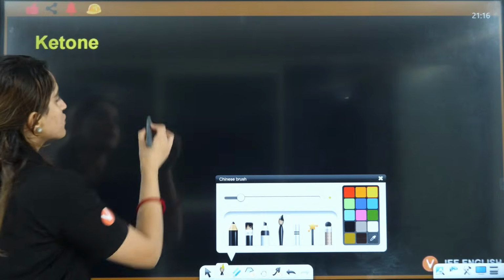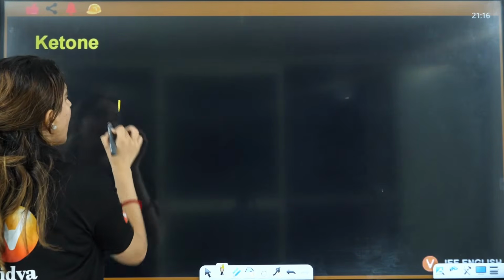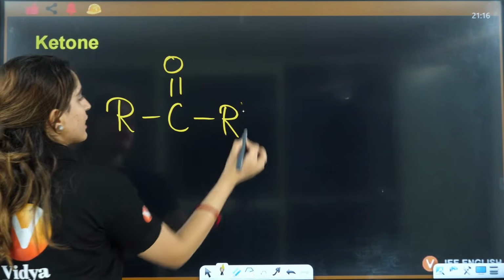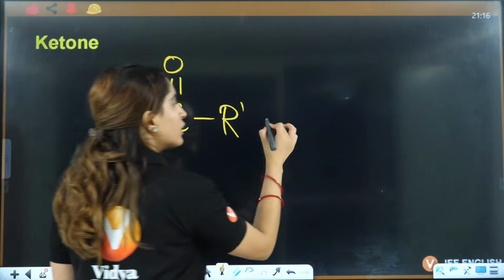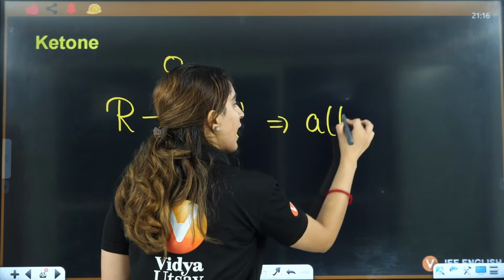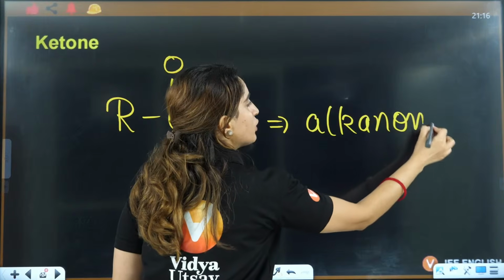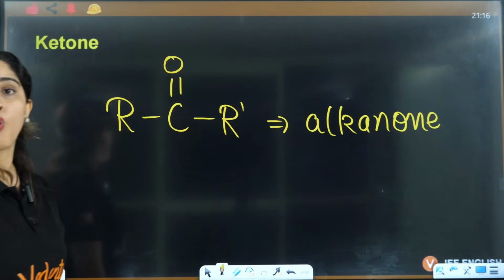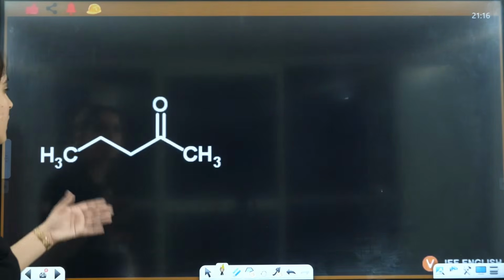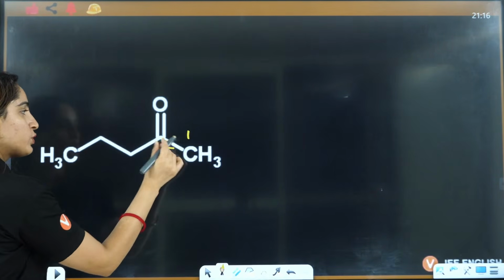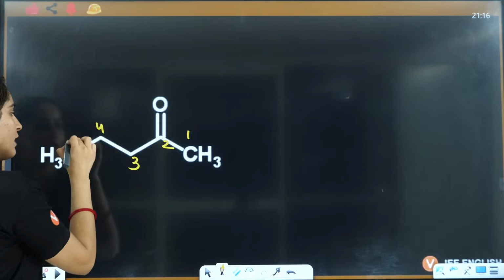So if you see, this is, let's say, RC double bond O R dash. And here we write it as alkane, E cancelled, with one. Alkanone.